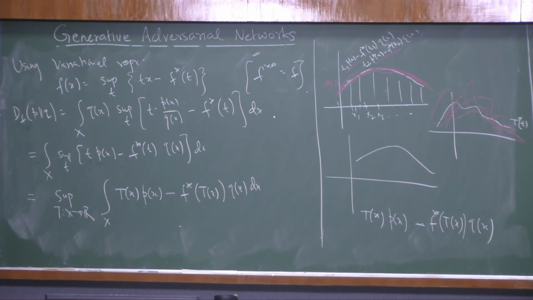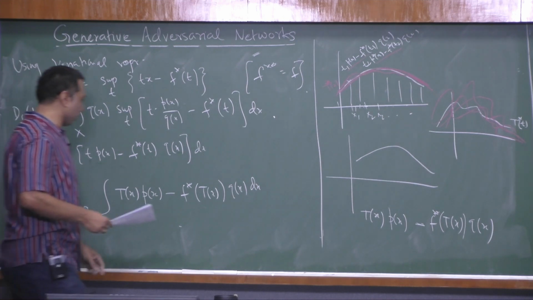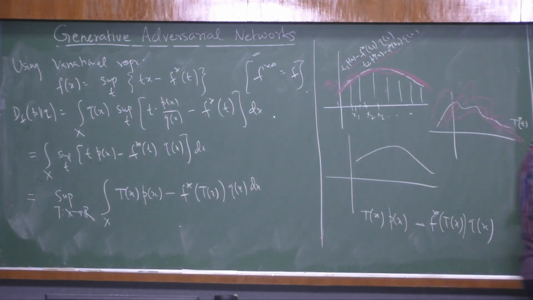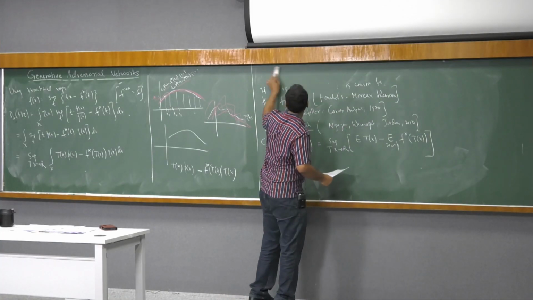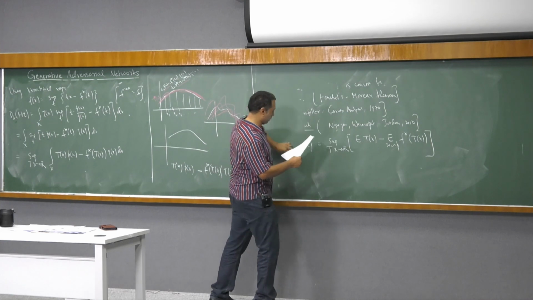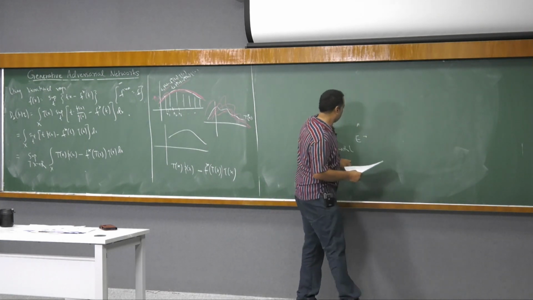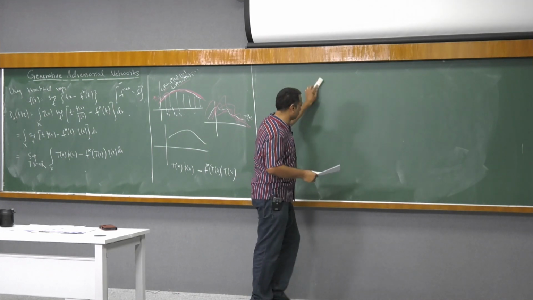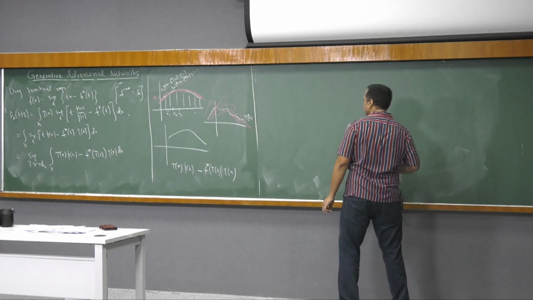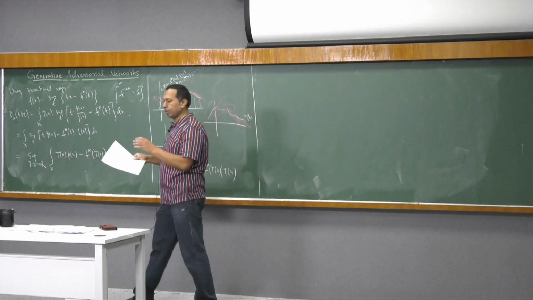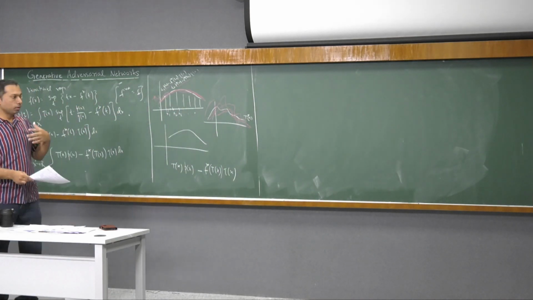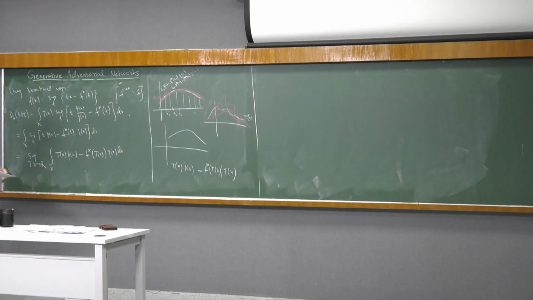Overall, we can now write this in a min-max form. Today's class is about the theoretical derivation of the GAN, and this is where we end up in the min-max problem. How we will implement it will be the next class.